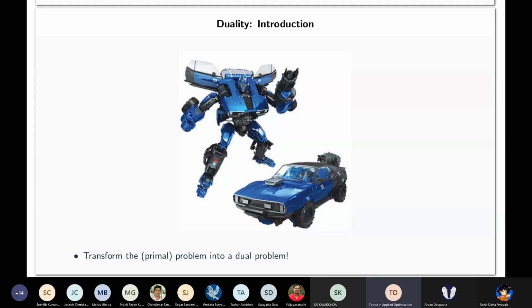So duality, via conjugate functions as we have seen, is a tool to transform my given function to a dual function, and the dual function is guaranteed to be convex. Of course, one can ask what happens to the equality and inequality constraints, because convexity is not just about the objective function being convex. It's also about the domain being a convex set, the feasible set.